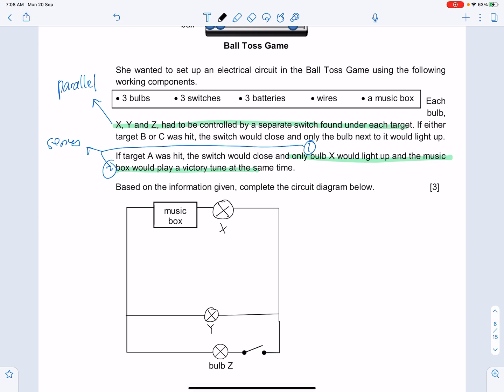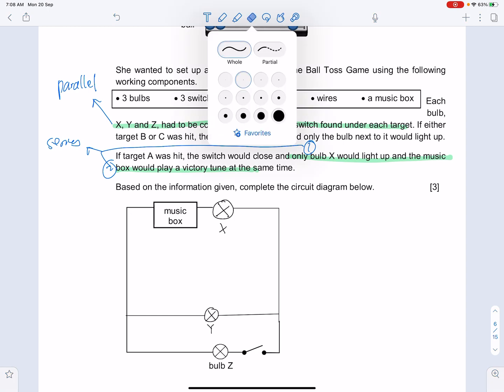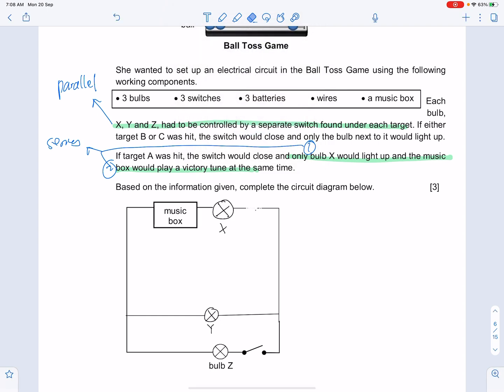Now that they are all parallel to each other, X, Y, and Z, the next thing is I need to put the switches in. The switches have to be in each individual pathway so that they control them separately. So I'll probably put 1 switch over here and 1 switch over here.